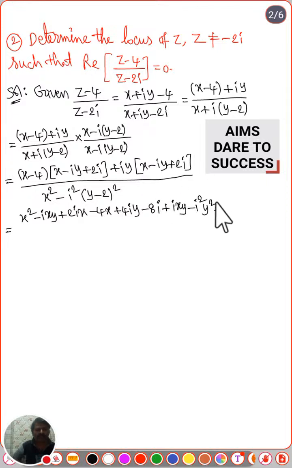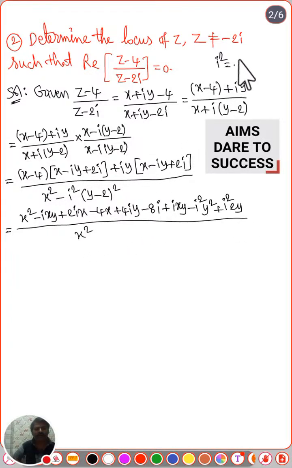Next plus i into i is i square, 2 into y, 2y, divided by x square, i square value minus 1, minus i square value minus of minus plus 1. So here plus (y - 2) whole square. So my dears, write real parts first: x square, minus ixy plus ixy get cancelled.